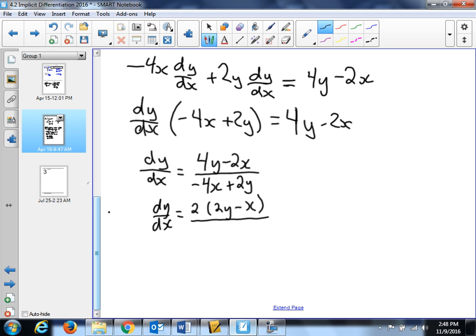And I can take out 2. Does it hurt your feelings if I reverse the order on the bottom, just so I have a positive first, y minus 2x? If you want to have minus 2x plus y, that's perfectly valid. But there you go, and I think you see what happens next. Right? That's simplified.